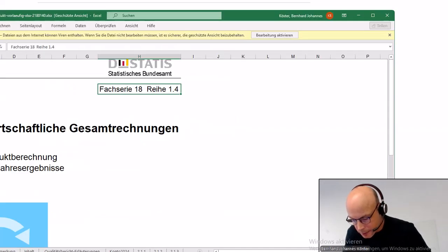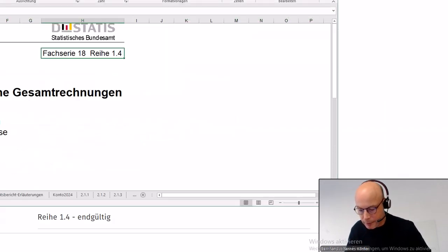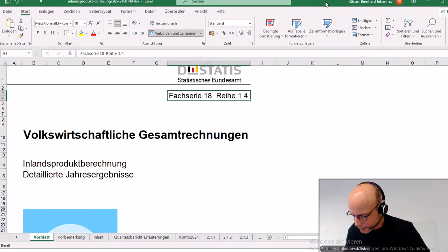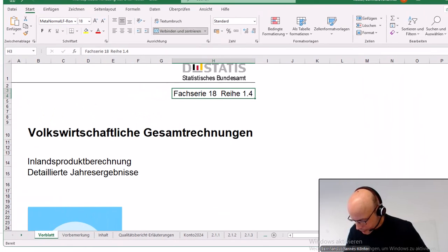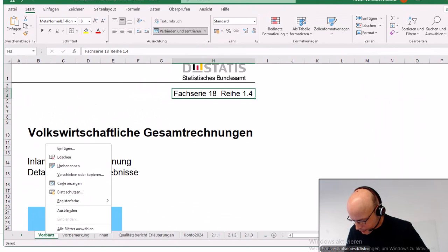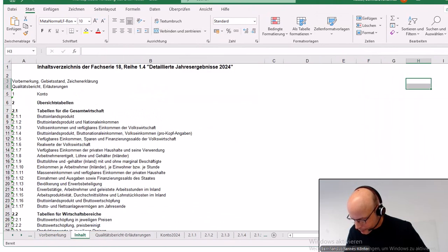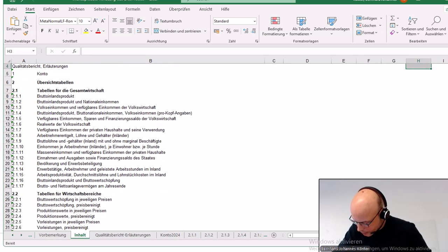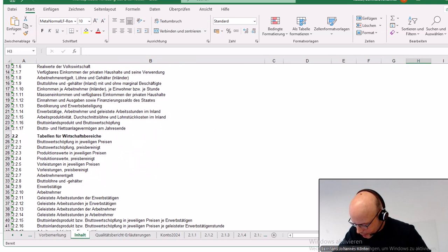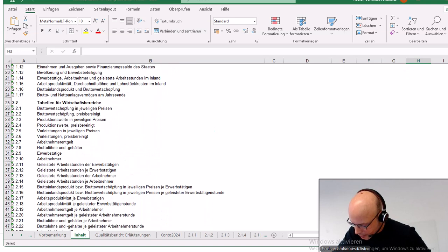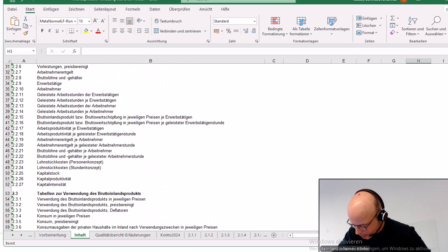There it is. So, and then exports and imports you obtain from the expenditure part.